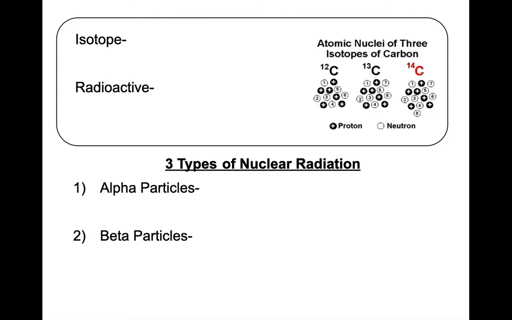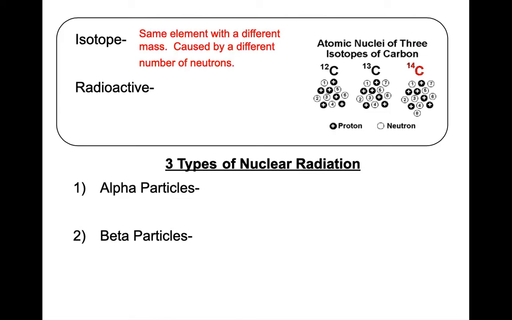So let's think back again to chemistry. Isotopes. We learned about isotopes in chemistry. So what is an isotope? An isotope is sort of like a different version of an atom. It's an element that has an atomic mass that's different. And the reason the atomic mass is different is because there are a different number of neutrons.